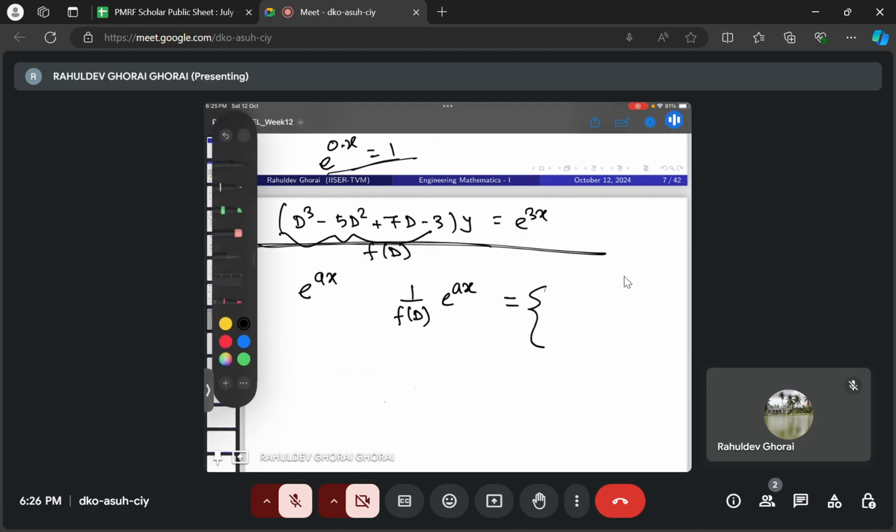So here we have e to the power ax times 1 over f(a), if f(a) is not equal to 0.